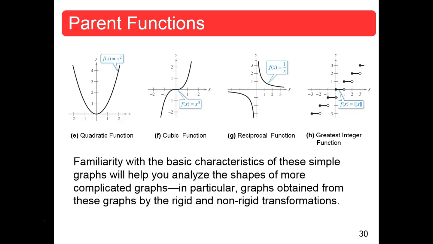Now, let me give you a few hints here. I said that all quadratic functions do look like this. They may be located in different parts of the plane, but they all basically look like that. Fatter, skinnier, turned over. The cubic functions can look very different. If you take this middle here, it acts like it's going to come up and decline, and that looks like it was doing something else.